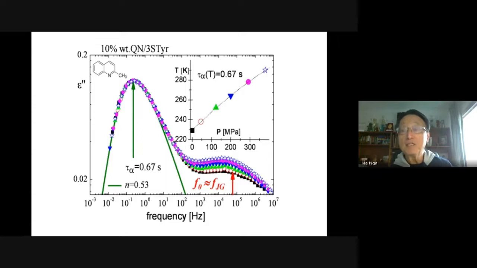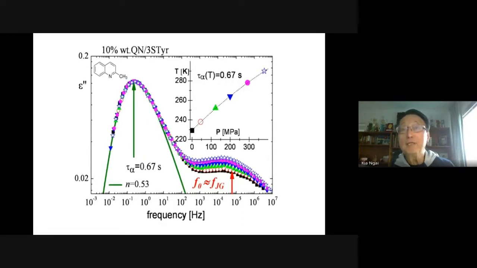You see the f naught, the arrow there is the calculated f naught, and of course f naught is always in the same place, no matter how you change pressure and temperature, because it's always obeying that equation. The single equation tells you that already. So the arrow tells you there is good agreement as well as the same location.